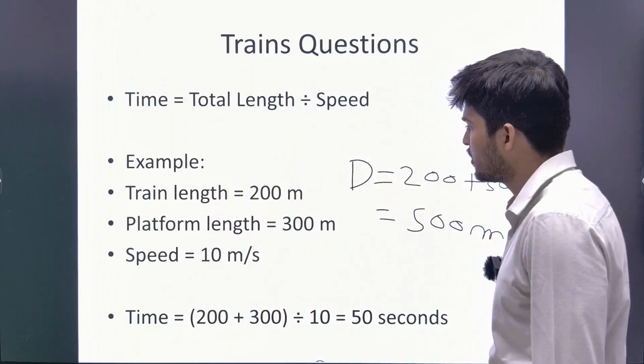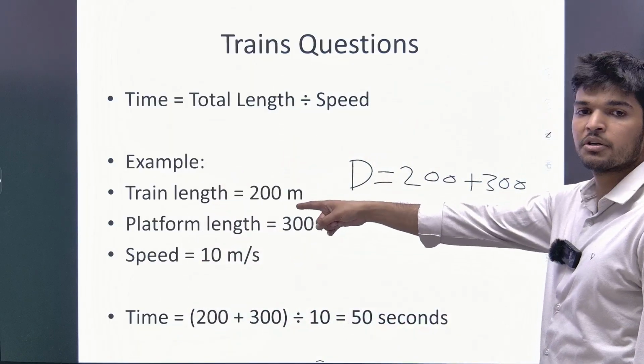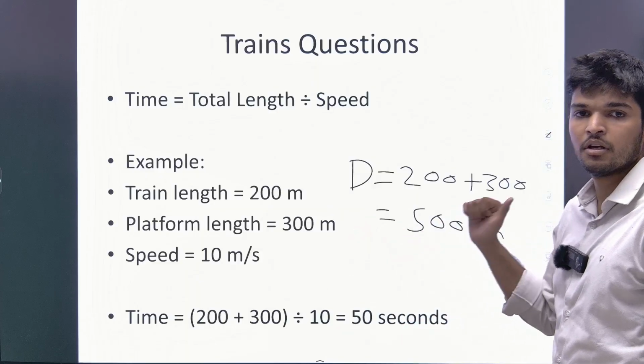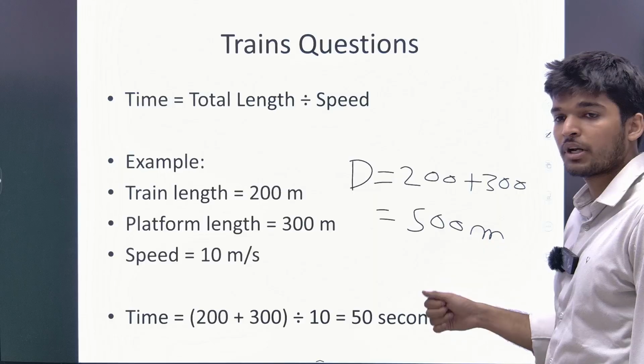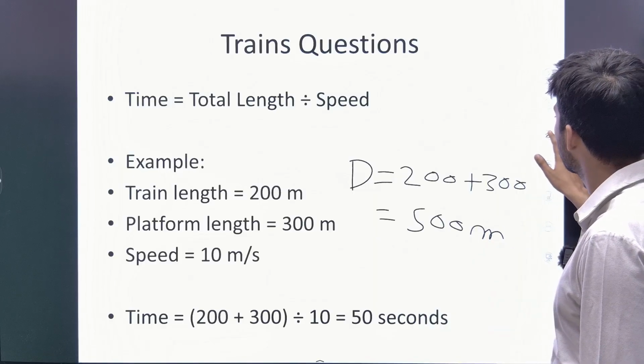Correct? The length of the train is 200 meters and the length of the platform is 300 meters. So the total distance which the train will have to travel is 500 meters.